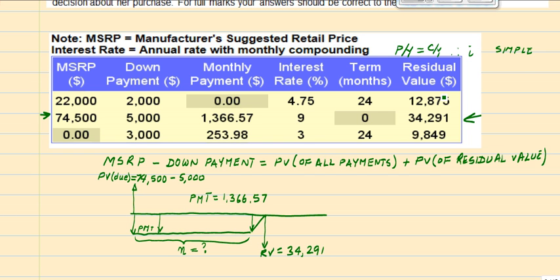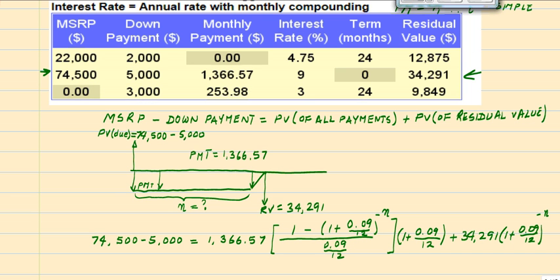So if we substitute into our formula, we're basically going to say that the amount of financing has to be equal to the present value of these unknown number of payments of 1,366.57 plus the present value of 34,291.